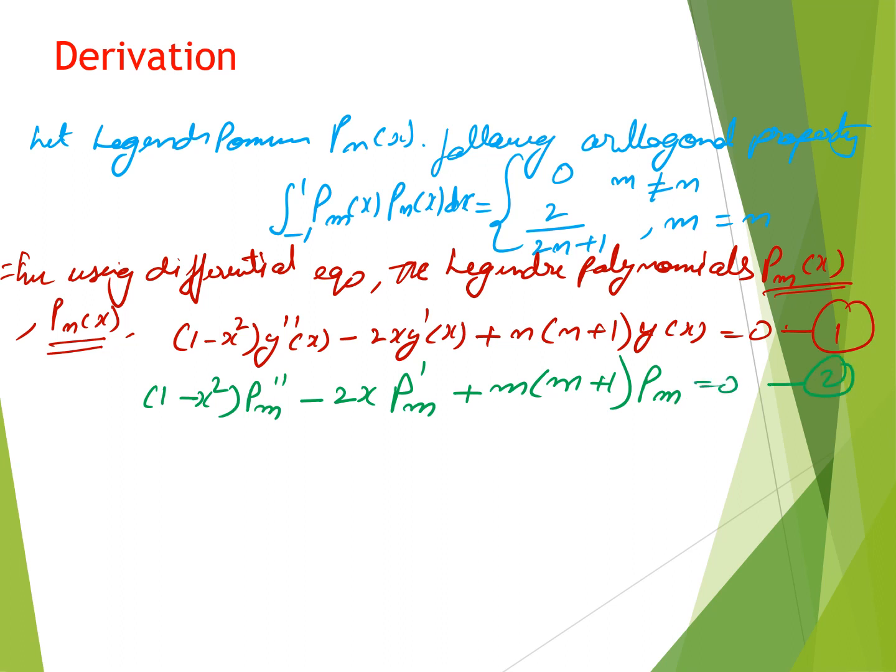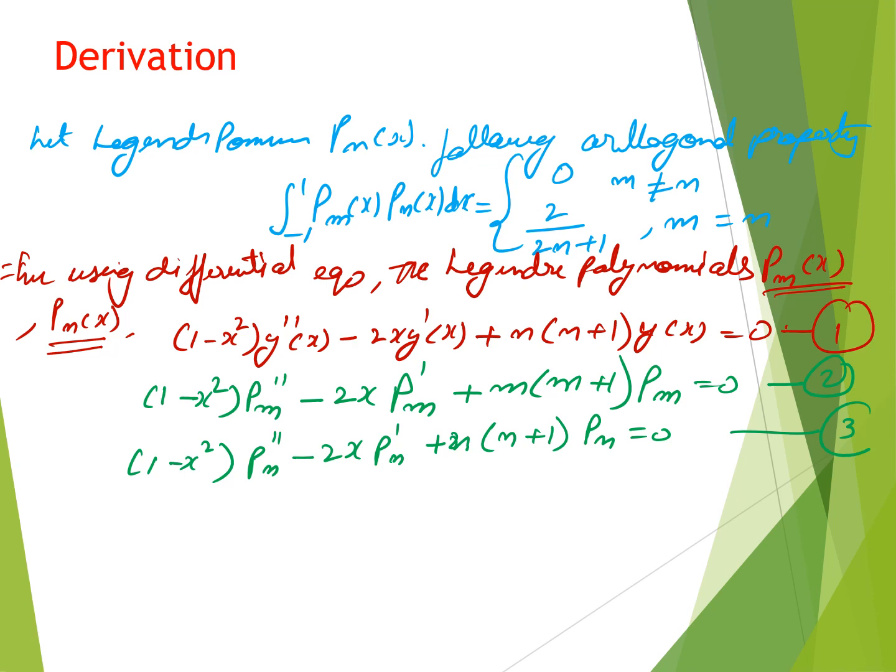Similarly for the second, (1 - x^2) Pn'' - 2x Pn' + n(n+1) Pn = 0.